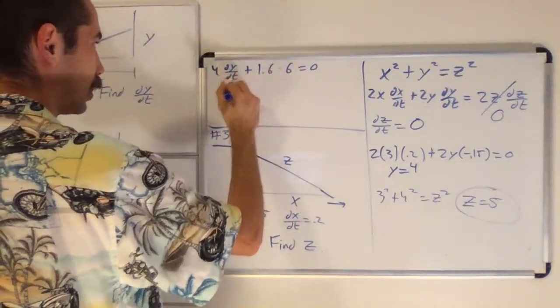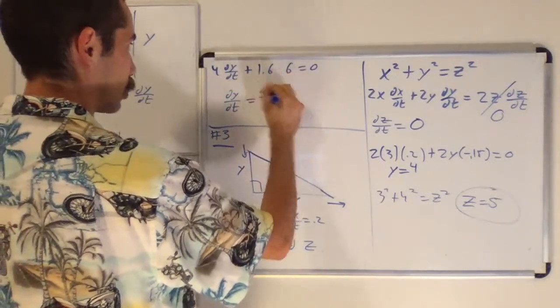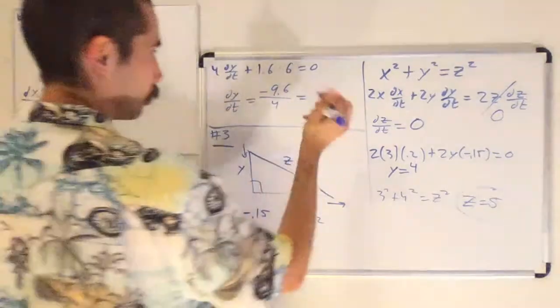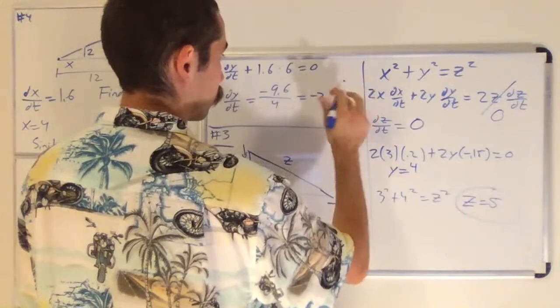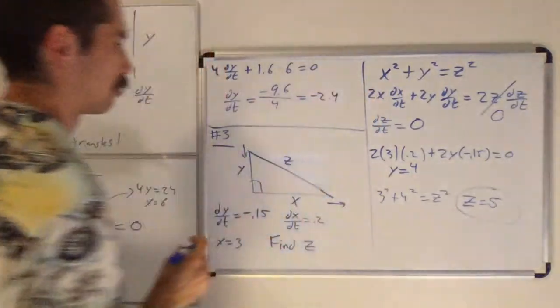Solve for dy/dt. It's negative 9.6 over 4, which is negative. What is this?